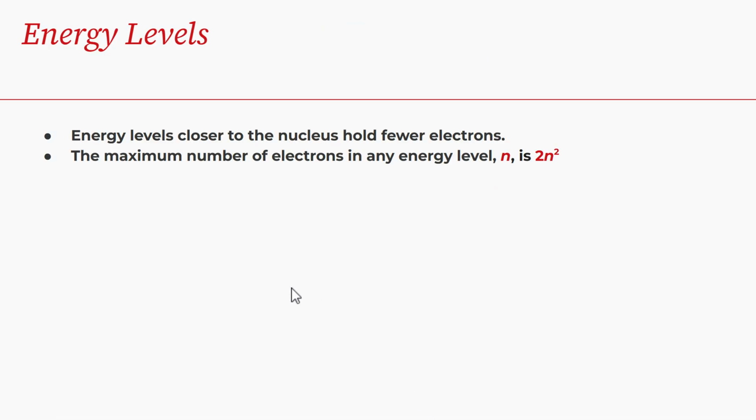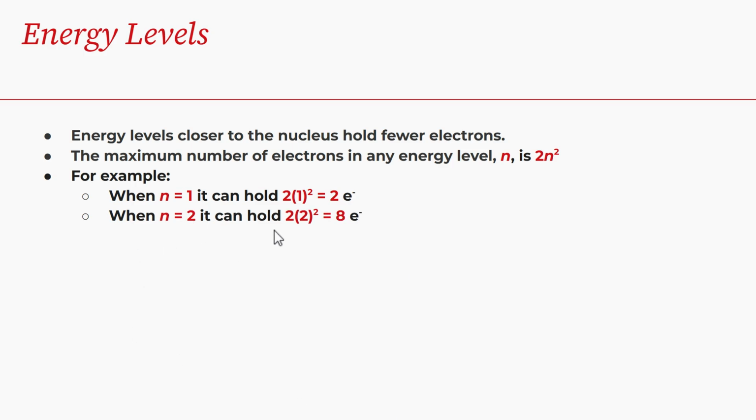Energy levels closer to the nucleus can hold fewer electrons. The maximum number of electrons that energy level n, the principal quantum number we talked about, can hold is 2n squared. For example, when n is equal to 1, it can hold 2 times 1 squared, which is 2 electrons.